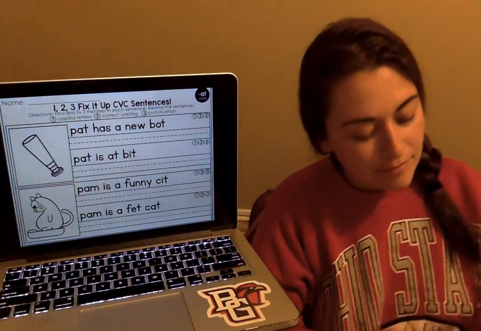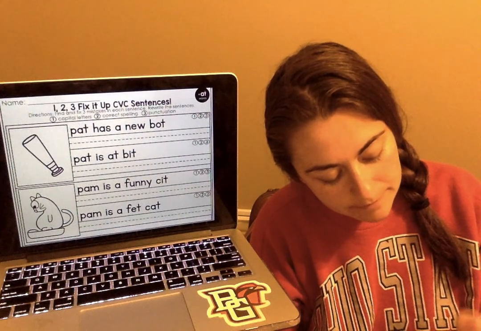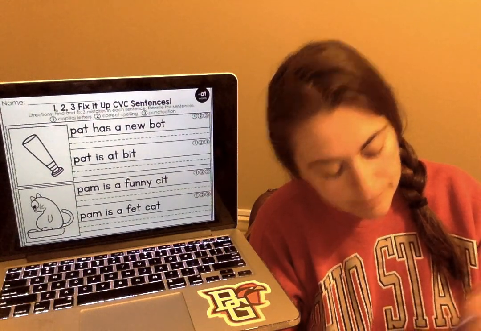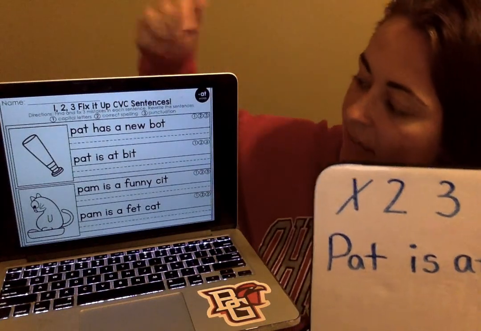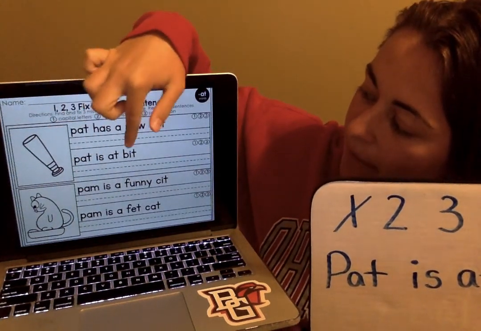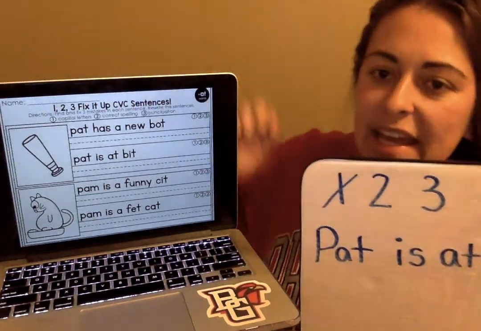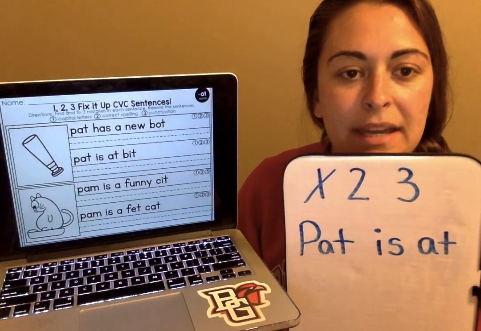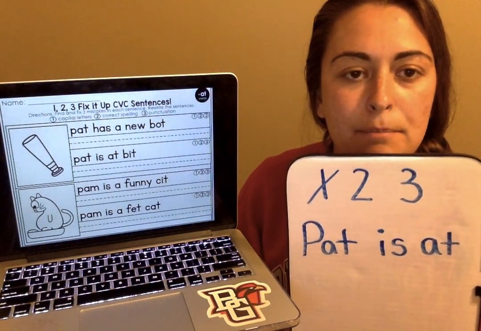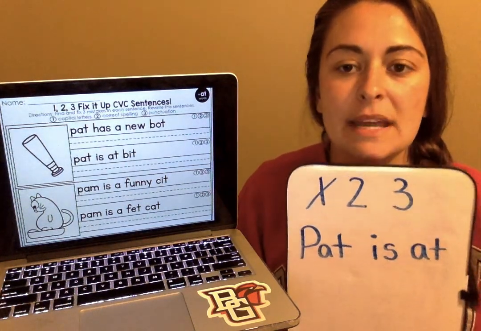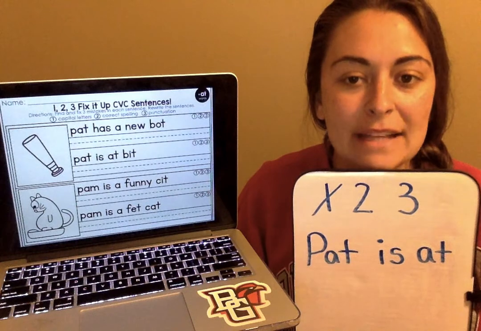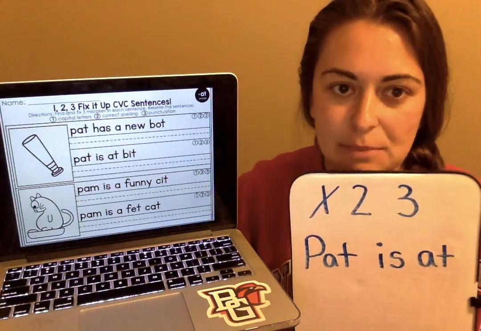at, A-T. Good. And then we have Pat is at B-it, bit. Pat is at bit. No, we wanted to say Pat is at bat. So we know that that word is not spelled correctly.